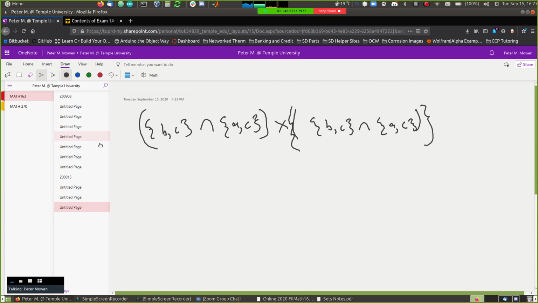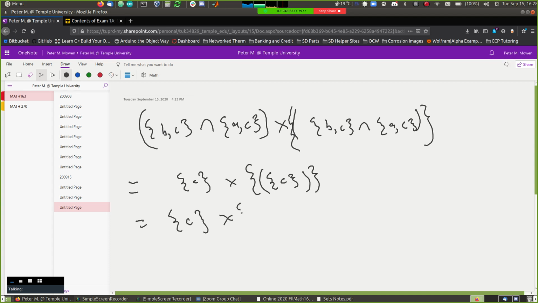So if we go back up to our original expression and put that in, this is the set containing C crossed with the set whose only element is the set containing C. We've only got one element, so I dropped the parentheses.